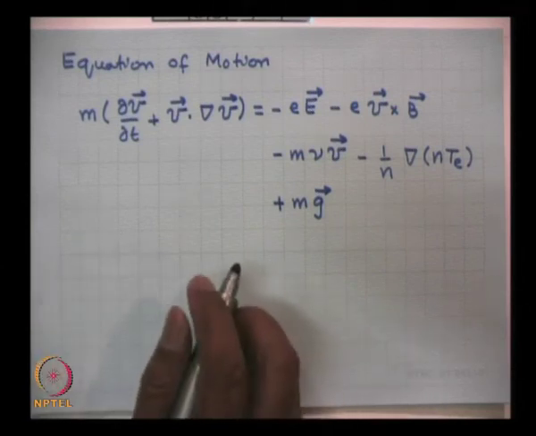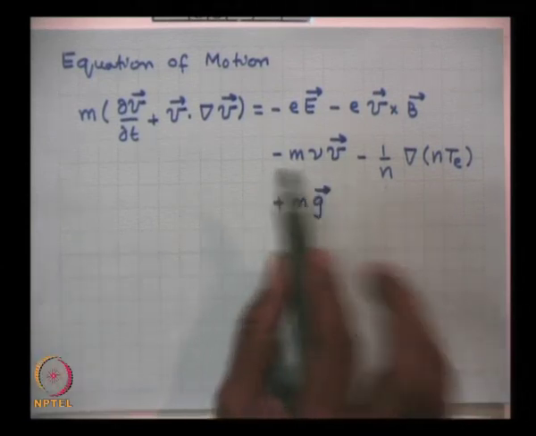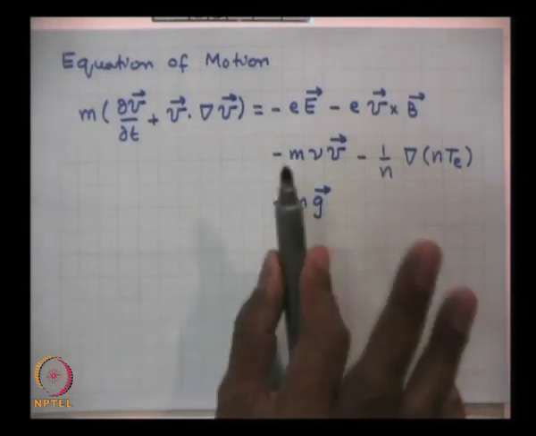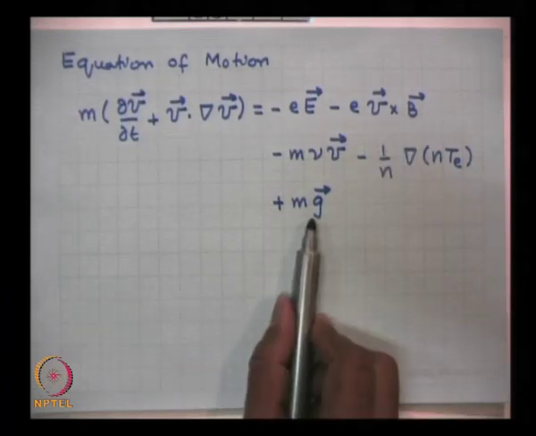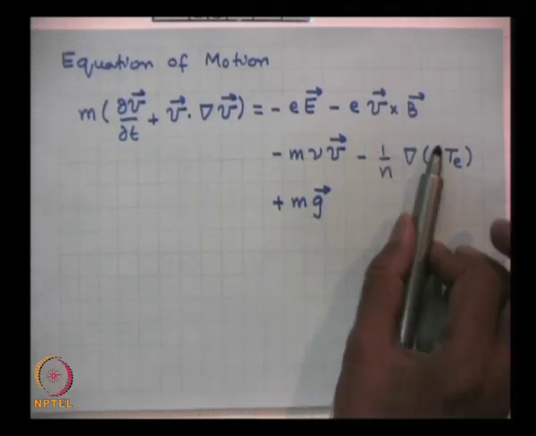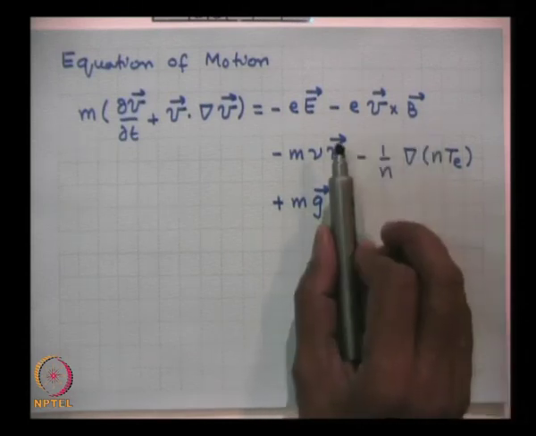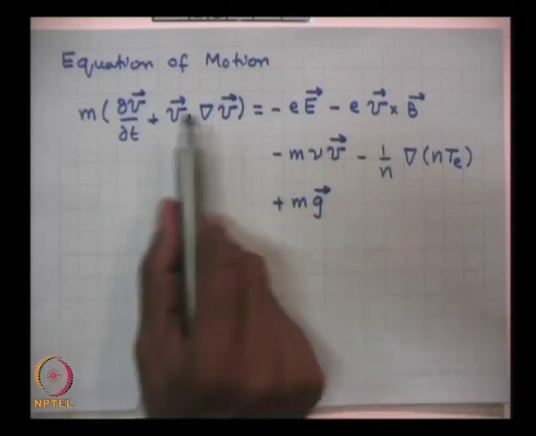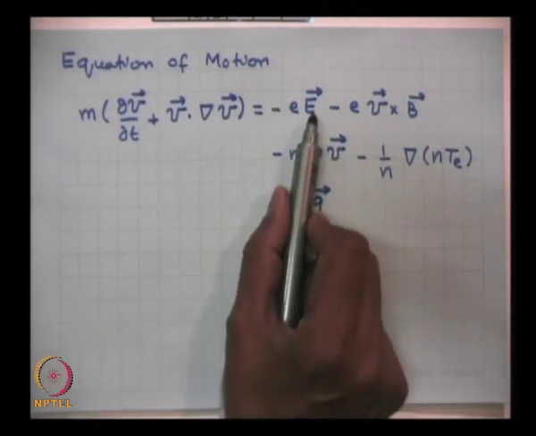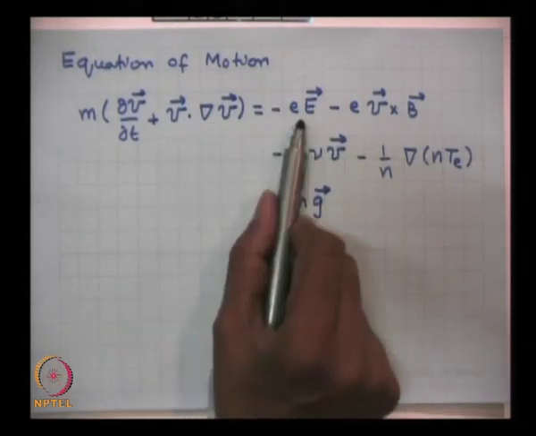Now, this is one equation which has been very widely used. You may note one thing. It will be simple if the plasma has only an electric field. Forget the magnetic force term, the gravity term, the pressure gradient term, and suppose the collisions are not there, then forget this term also. Then the response of electrons to an electric field is given by this equation.